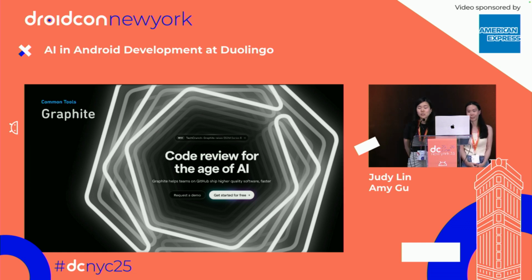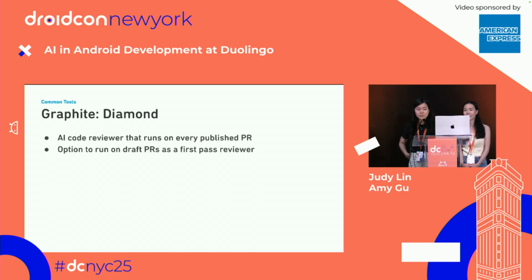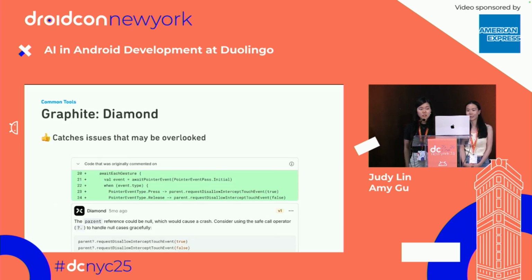Graphite is another AI tool, and its flagship feature is an AI code reviewer called Diamond. It runs on every PR that you publish, and you can run it on draft PRs to give it a first pass. Diamond can catch issues that can be overlooked, for example, this Java Kotlin interop issue in the example.